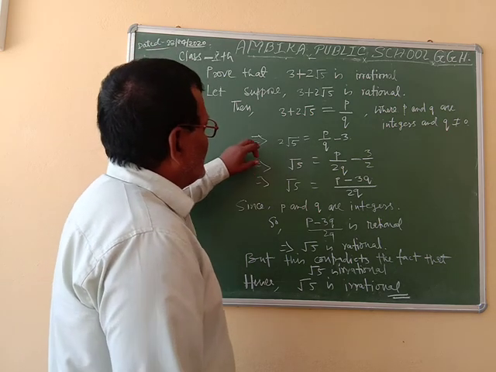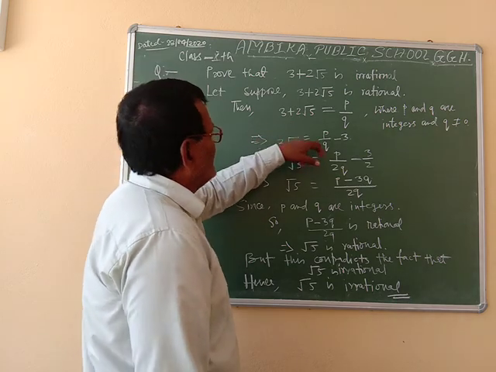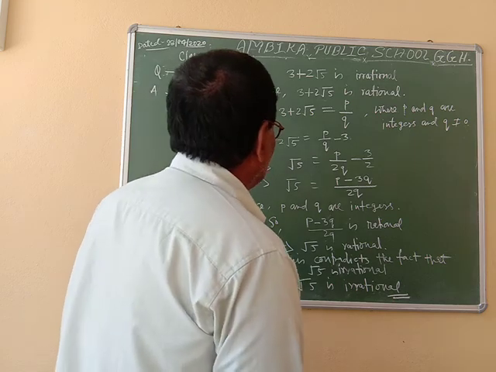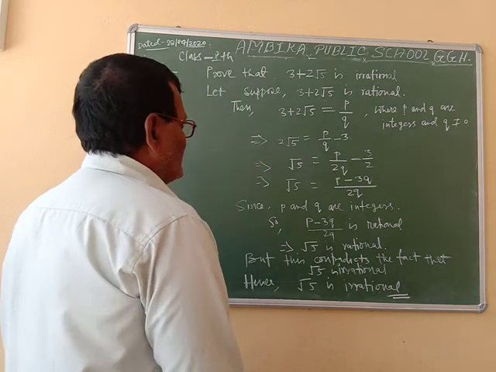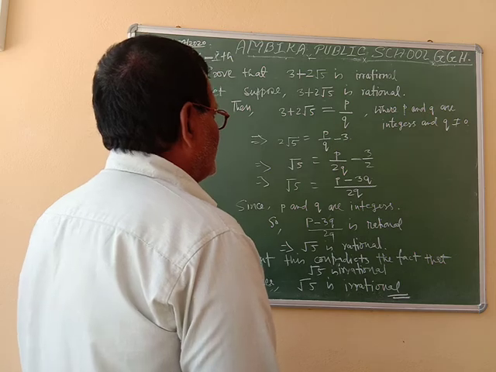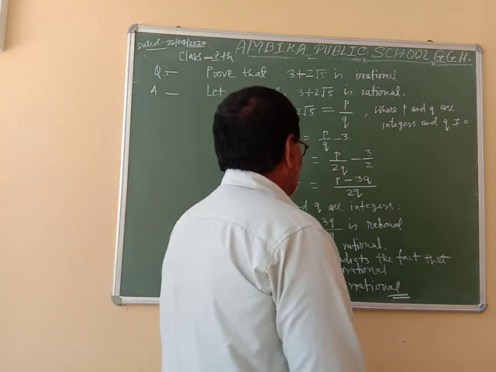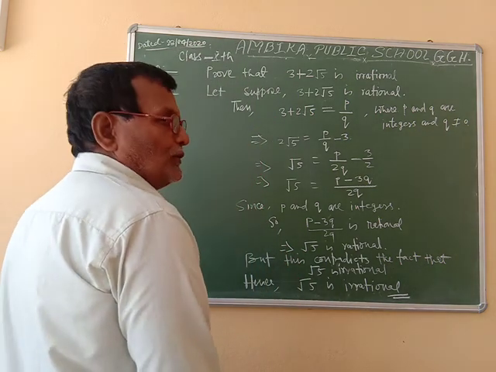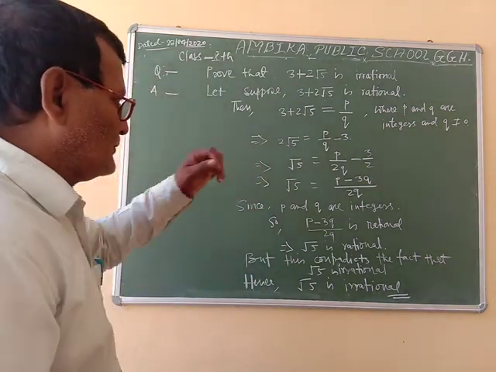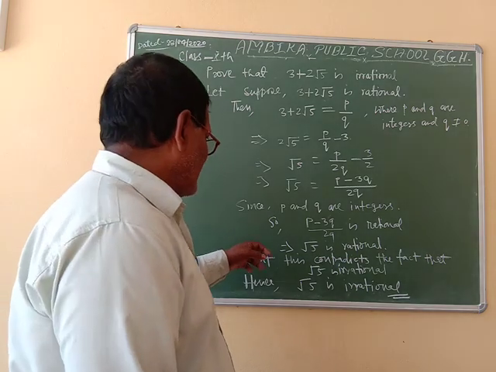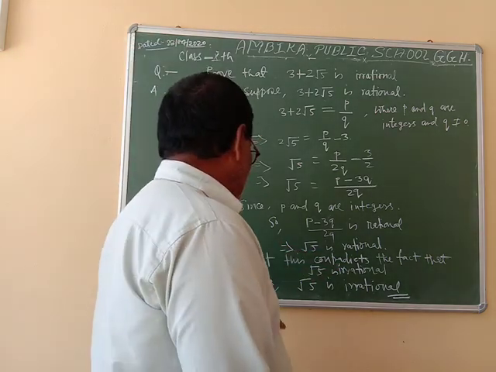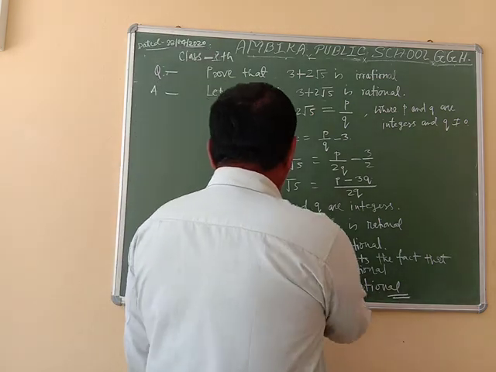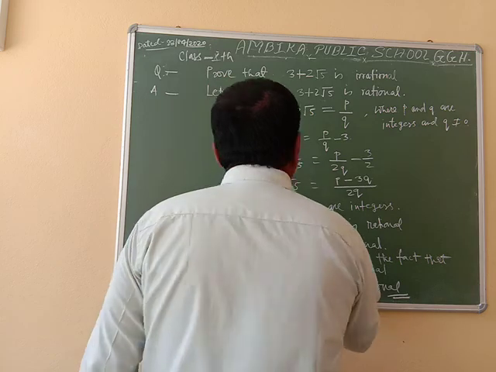By transposition, 2 root 5 equals p by q minus 3, so root 5 is equal to p by 2q minus 3 by 2, so root 5 is equal to p minus 3q by 2q. Since p and q are integers, p minus 3q by 2q is rational, so root 5 is rational, but this contradicts the fact that root 5 is irrational. Hence 3 plus 2 root 5 is irrational.